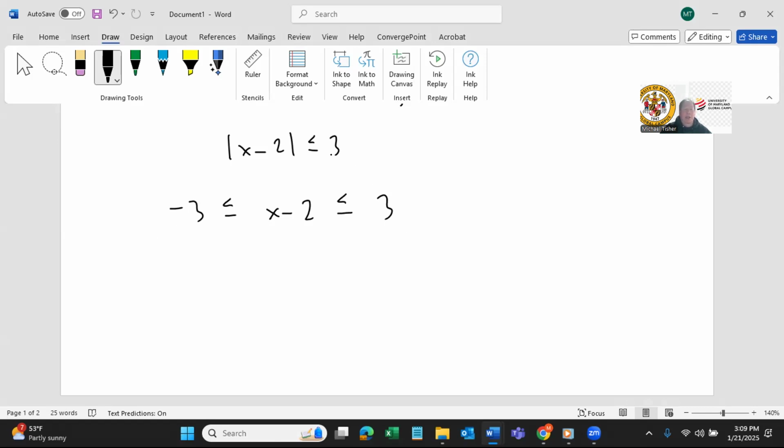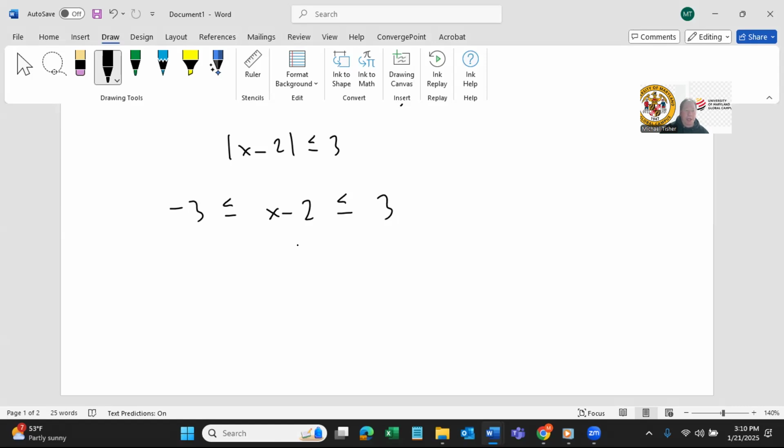So in general, if we have less than or equal to a positive number, then change the sign of the positive number, put it right here, and then less than or equal to. Take out the absolute value contents, put it right here, less than or equal to, and then just bring down that number. So that's how that works in general when you have an absolute value less than or equal to any positive number.